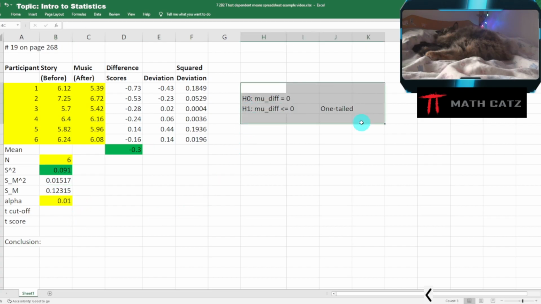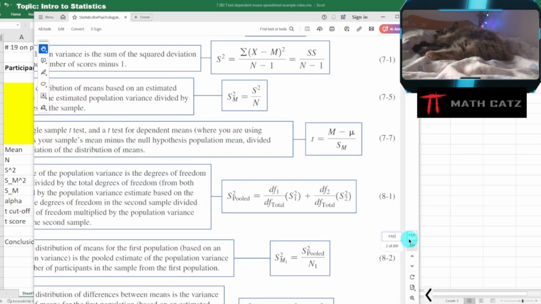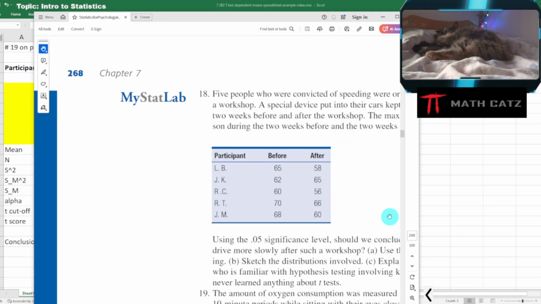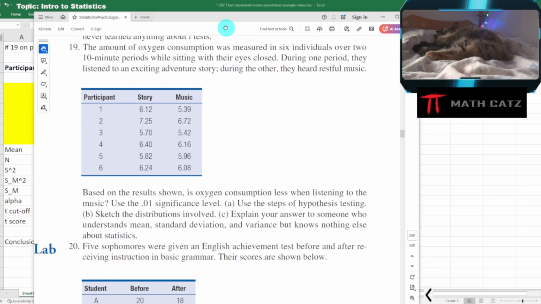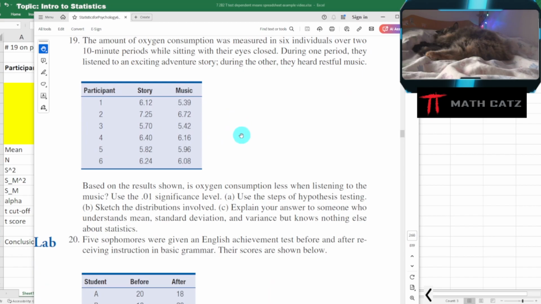Just remember that, based on the question, let's go to the question again, 268, number 19 here, we were interested in testing with a 0.01 significance level. Is the oxygen consumption less when listening to music?